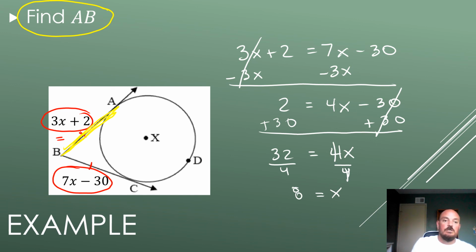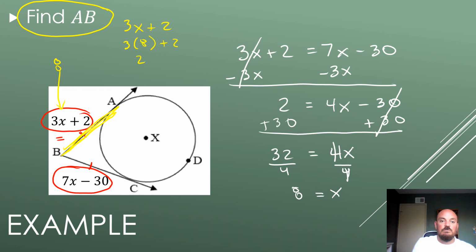So we take that 8 and substitute it for x to get our final answer. I have 3 times 8 plus 2.